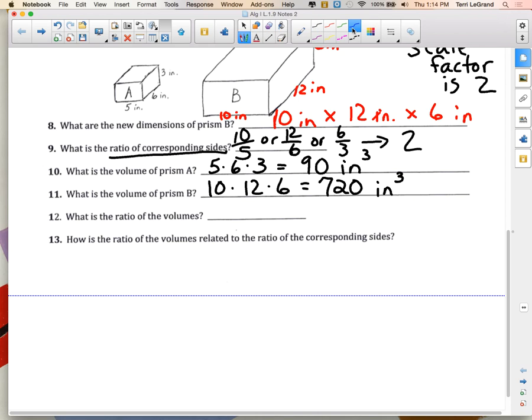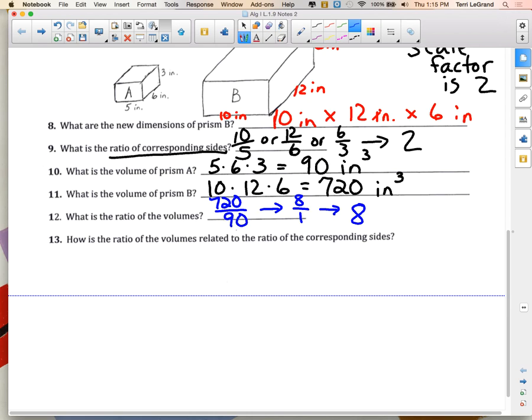Ratio of volume, new to old. 720 over 90. What's that divide out to? 8 over 1, actually. So what's that 8 telling us?